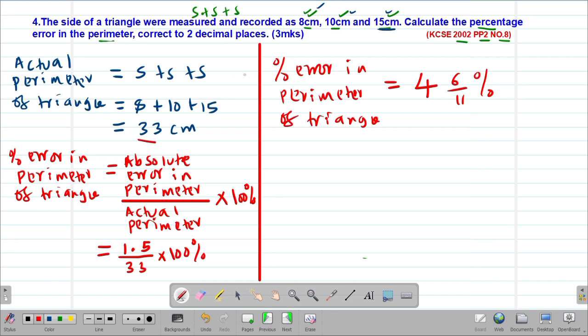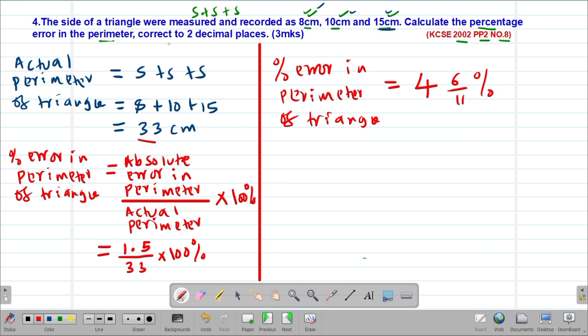Remember, we said questions involving errors, it is advised to leave your answer as a mixed fraction, because fractions usually represent accurate answers, or answers which are not approximated, or exact answers. But if the instructions of the question say to leave your answer to a certain decimal place or significant figures, then of course the instructions have to be considered.